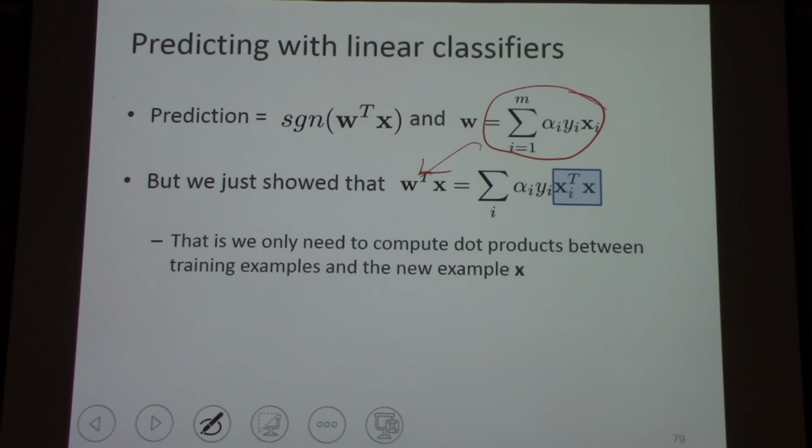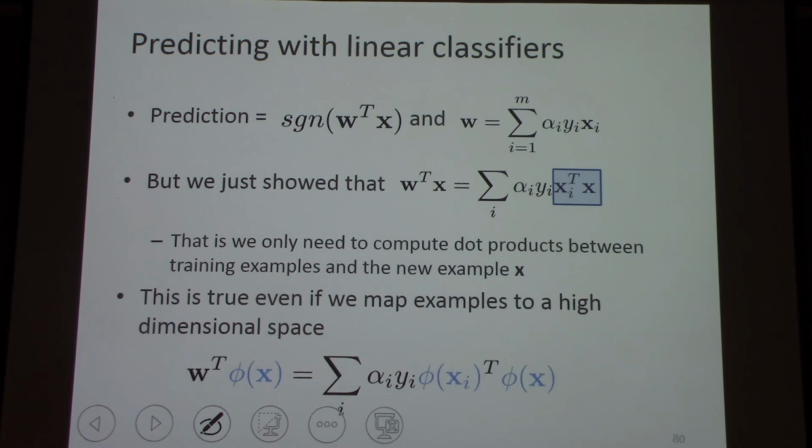Questions? So this is a property that just jumps out of the fact that your final weight vector is this linear combination. But this is true even if this vector x is your feature vector. This property holds even if your feature space had been transformed.